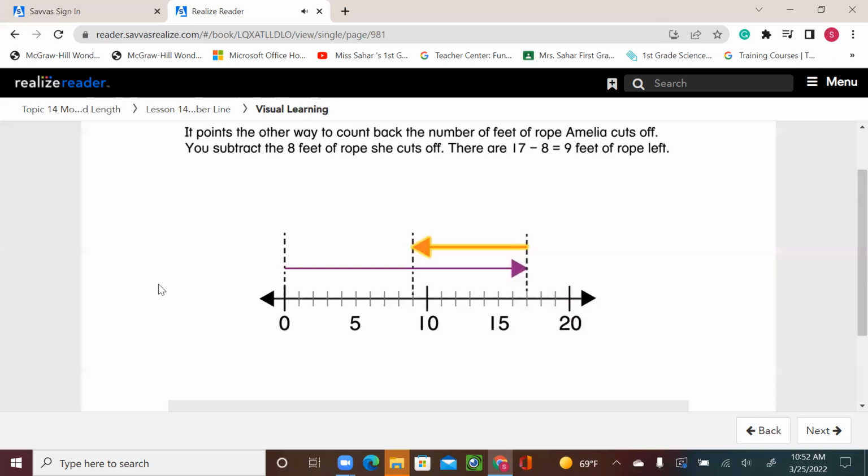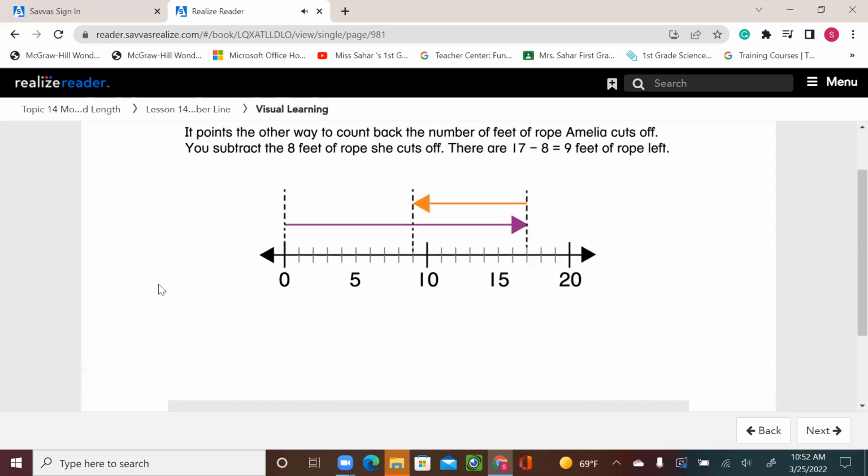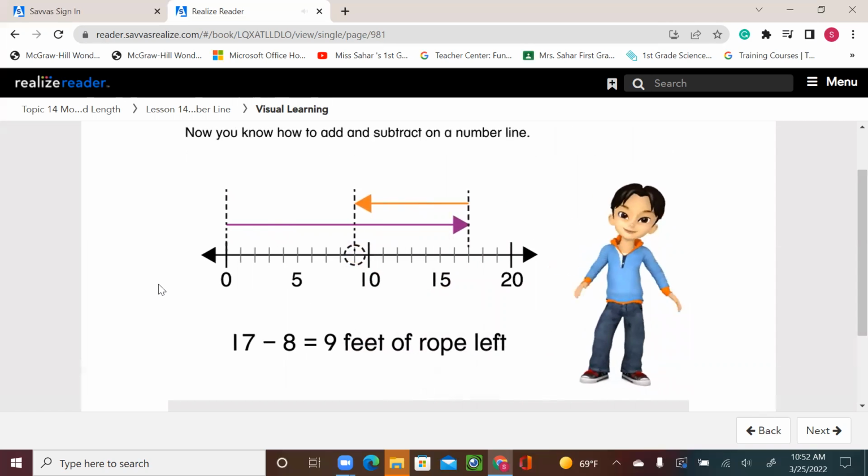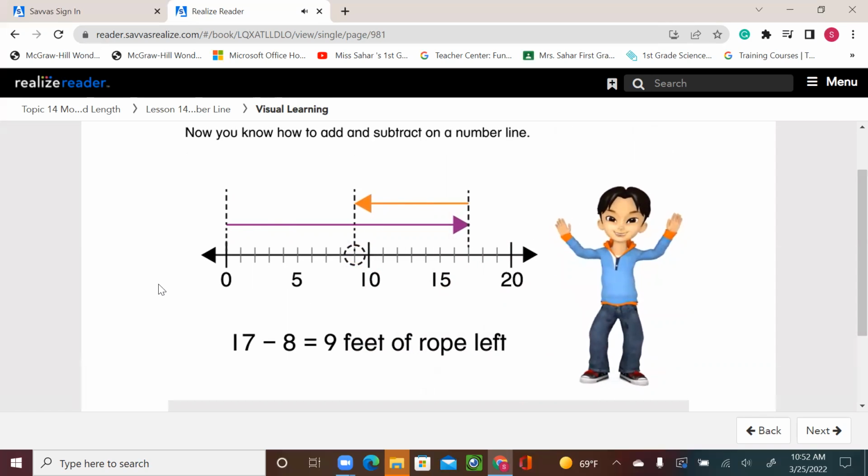It points the other way to count back the number of feet of rope Amelia cuts off. You subtract the 8 feet of rope she cuts off. There are 17 minus 8 equals 9 feet of rope left. Now you know how to add and subtract on a number line.